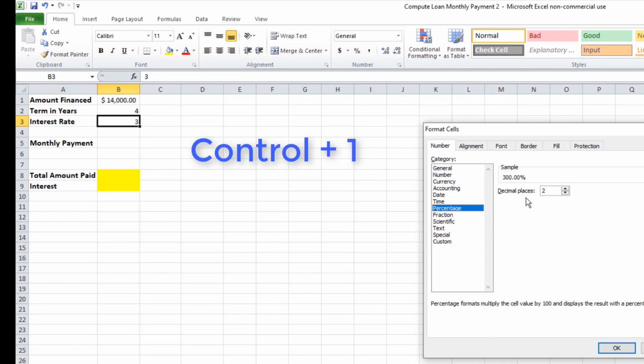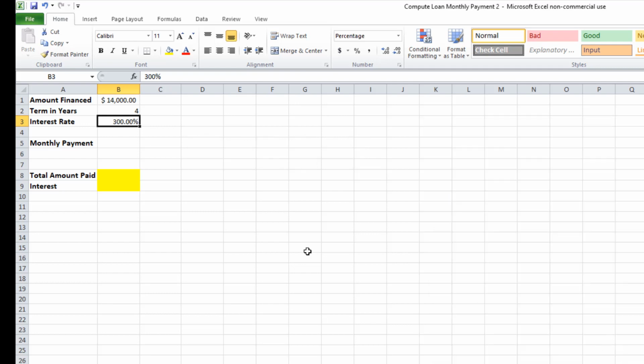This one has it set to 2 places, so you could go more. If you want to be more accurate, I'll leave it on 2. Let me try this again so I can get it the way I want it. So I put it as 0.03. Okay, now it's in terms of what I want.